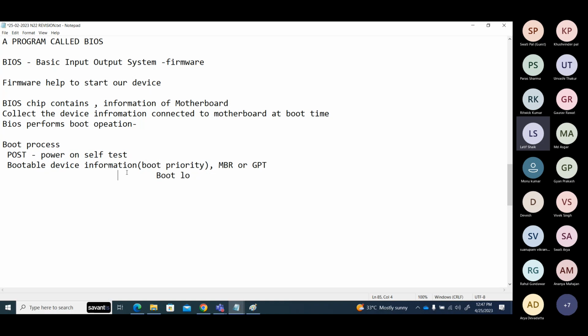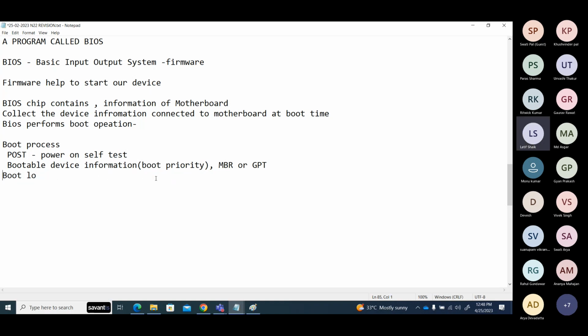If it is not working, POST error. If it is working, POST successful. Next, the BIOS will tell you, based on boot priorities, where to get a bootable device. In that, there are MBR and GPT records.